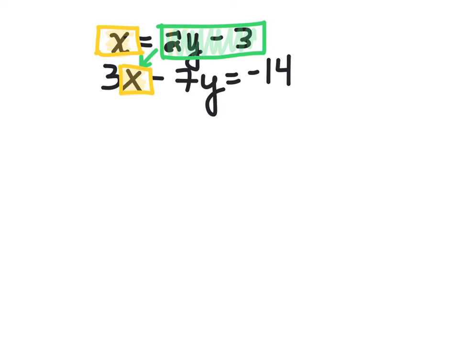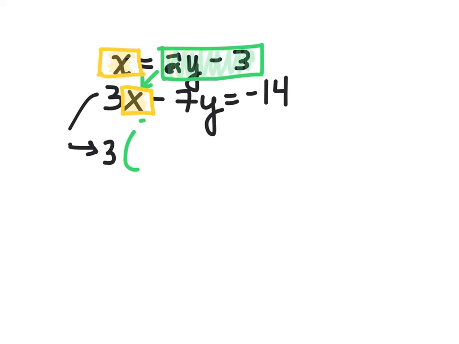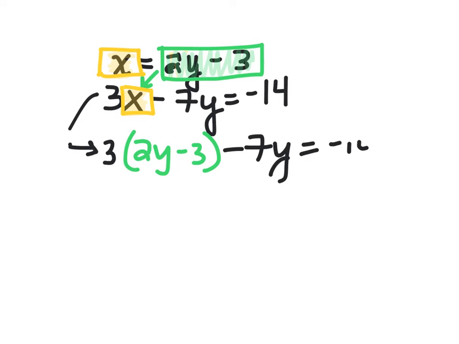So my equation here becomes 3 times 2y minus 3, because I replaced x, minus 7y equals negative 14.